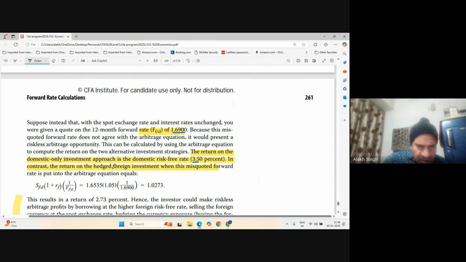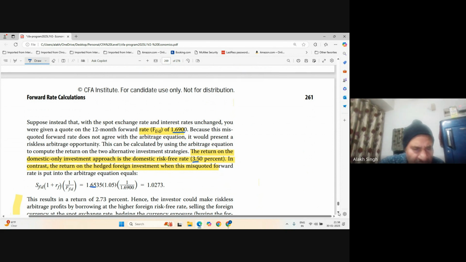Then the return on the hedged foreign investment, when this misquoted forward rate is put into arbitrage: this one was our initial exchange rate, then 1.5% is the foreign interest rate, divided by this forward price, using 1 by forward price. And so it gives a 2.073% interest rate or gain.